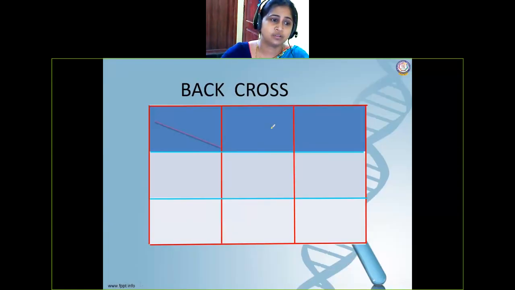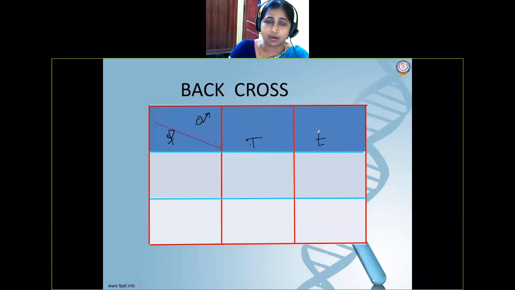So in back cross, I'll change the color. Here the male and the female character will not show much difference because it is a plant. When it comes to animals, you have to be very careful in denoting the male and the female. Here I can take anything as male and female. So here the character is capital T, small t, the F1 offspring.